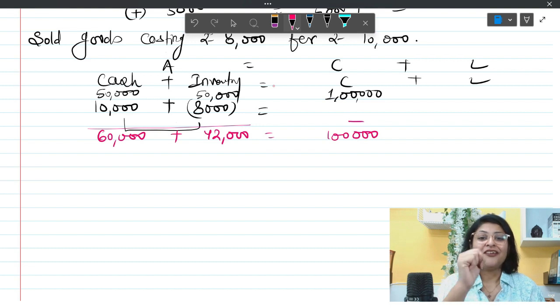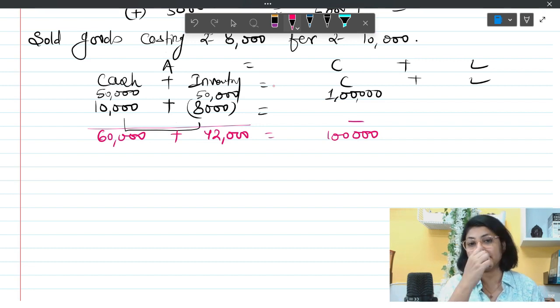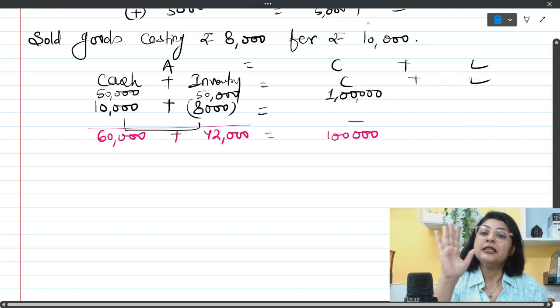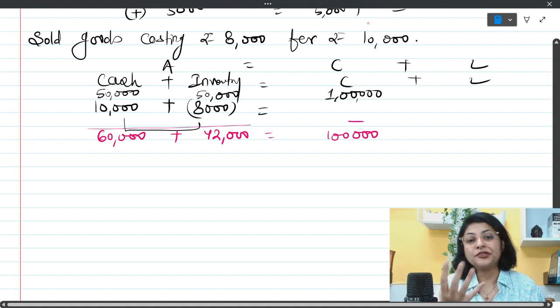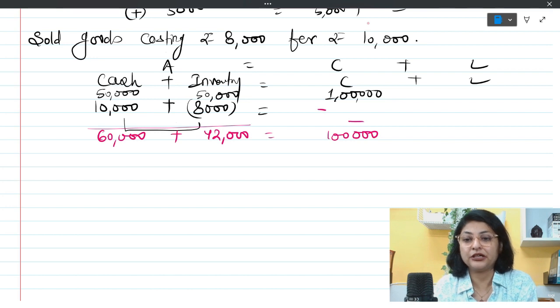Here we have to understand very carefully that we have sold goods, but the cost and selling price were not the same. The cost was lesser and the goods are being sold at a profit of rupees 2,000. So we will have to incorporate this profit over here. So I'll write it like this: 10,000 over here, and deduction of cost only.